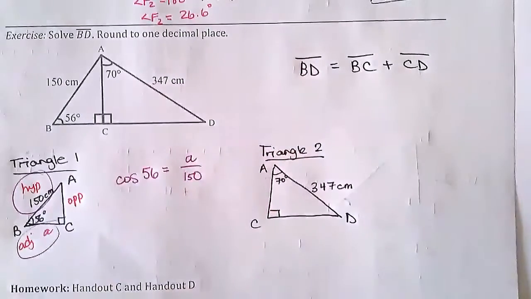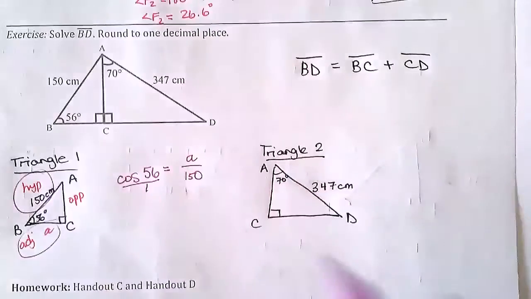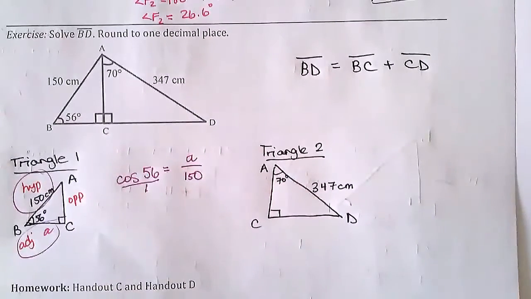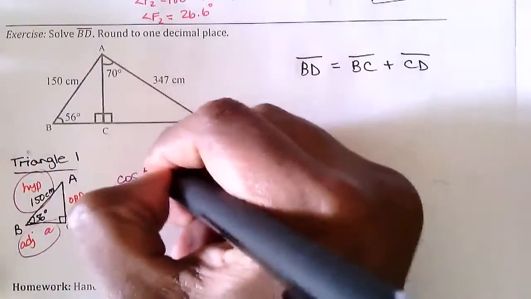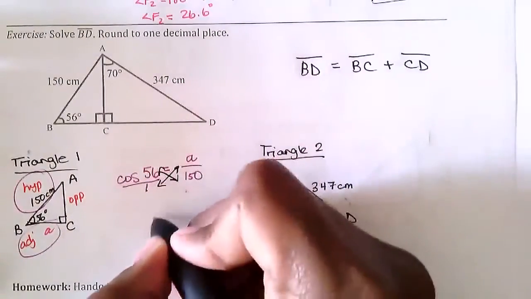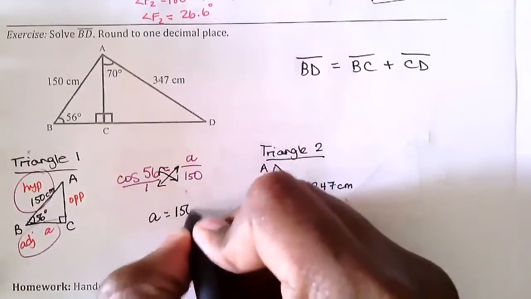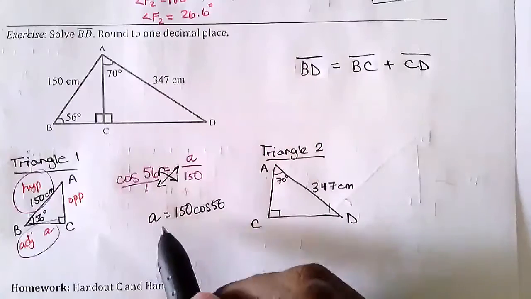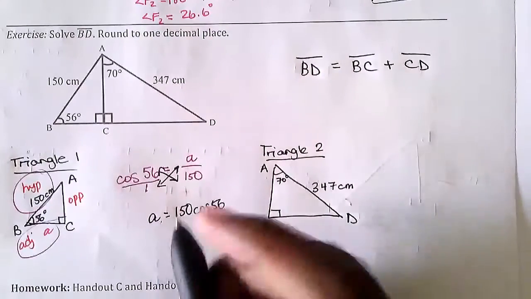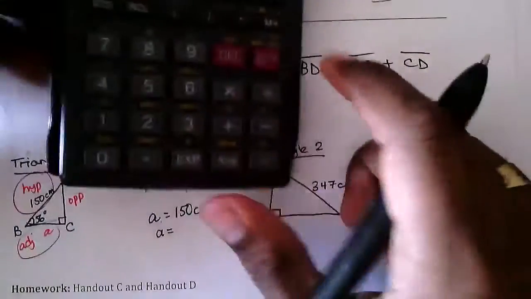Here's a situation where I'm solving for a side length, so I need to create two fractions, one on either side, and do cross multiplication. So 1 times a is just a. 150 times cos 56 is 150 cos 56. I've isolated for a already, so all I have to do is type this into my calculator.